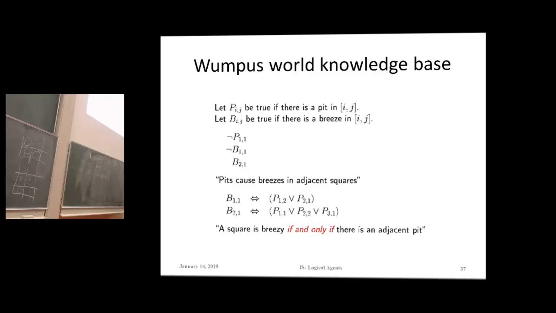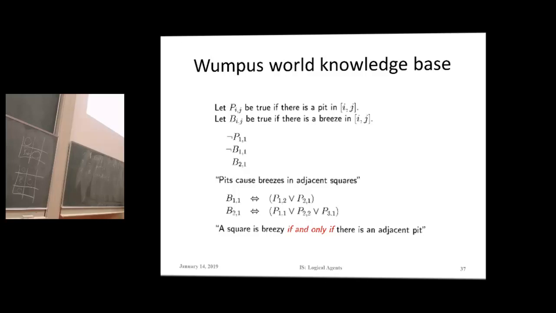So I would need 16 statements telling me that one of the adjacent fields of a breeze must have a pit. And that is one statement in a more expressive language that I just gave you. But if you want to write this down in propositional logic, you have to write it down for each of the fields.